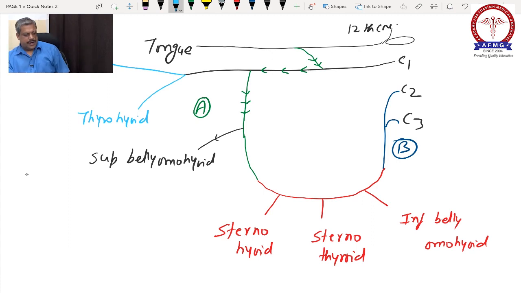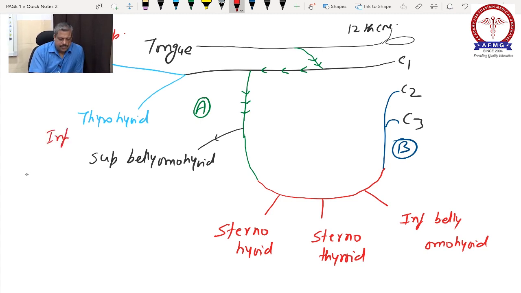The C1 nerve supplies two muscles, the geniohyoid muscle and the thyrohyoid muscle. So see, these two muscles belong to two different groups. The geniohyoid is a suprahyoid group of muscle, and the thyrohyoid is an infrahyoid group of muscle. Clear?